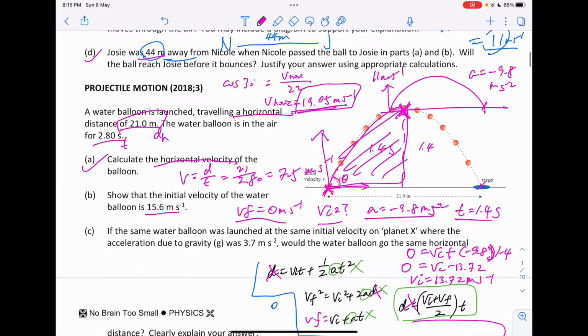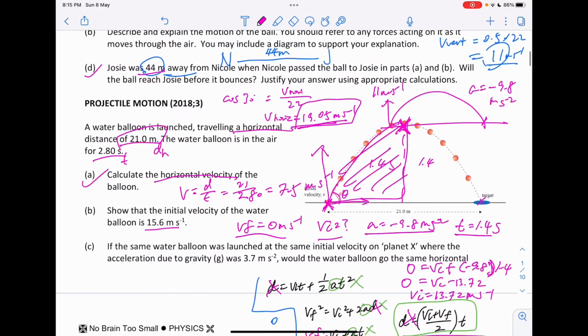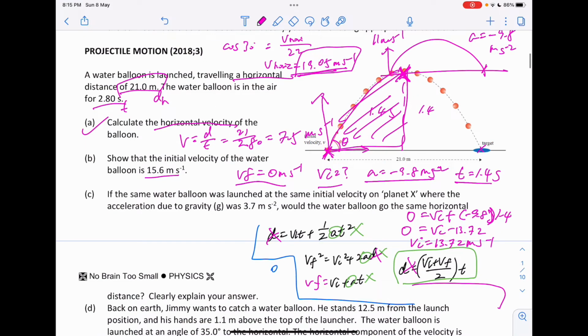What we can do here is, I was just wondering if this is going to work, because we can try to use Pythagoras. Let me try.